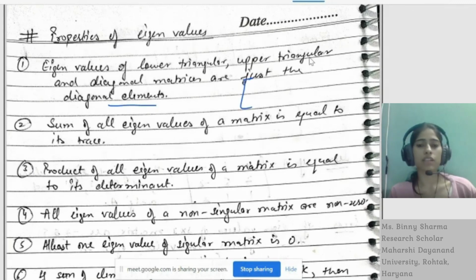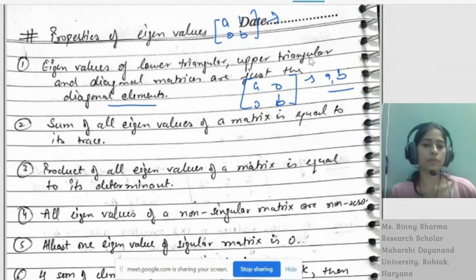So this is a very simple way to find the eigenvalues of triangular and diagonal matrices. This is a diagonal matrix; its eigenvalues are a and b. Similarly, for an upper triangular matrix also, its eigenvalues are a and b.